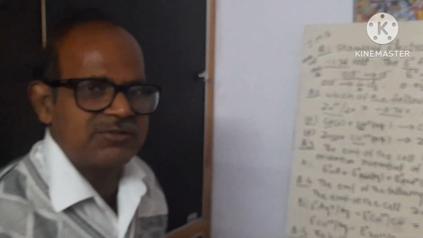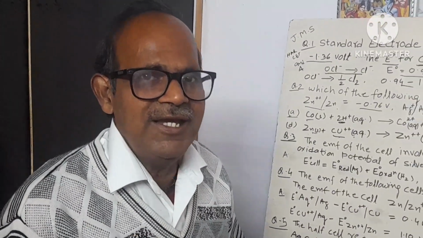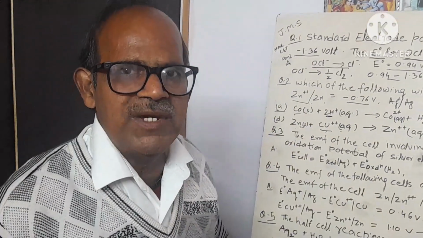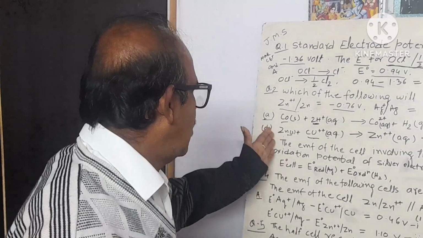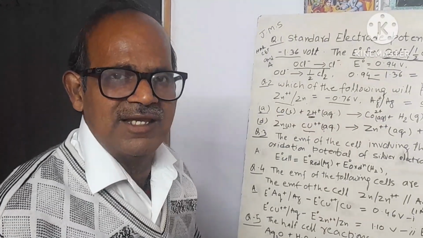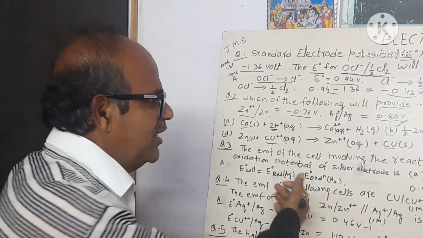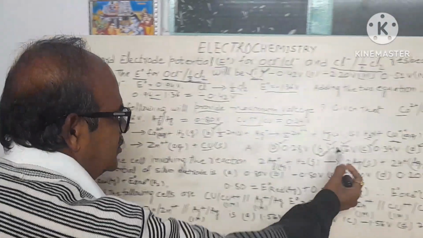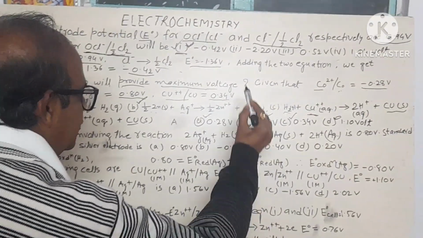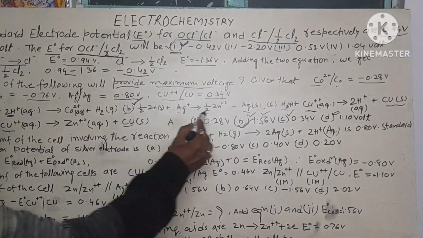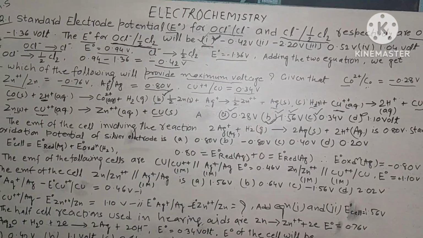I think now it is clear. Actually, this is long, but in a very fast way you have solved 4 numericals. Because 4 options were given, those were the reaction cells. For the 4 cells, you calculated E cell and then compared. You saw that this is more. Hence the correct option: the second cell will provide maximum voltage.